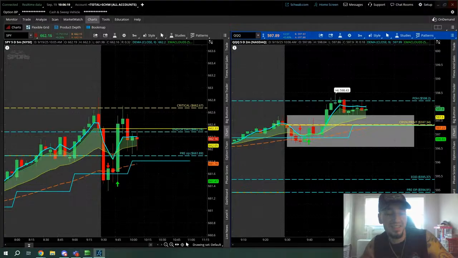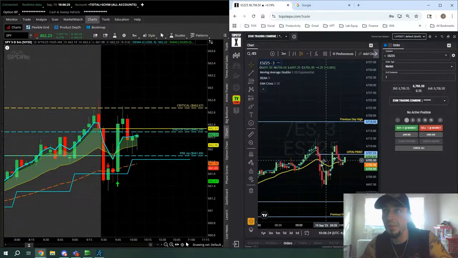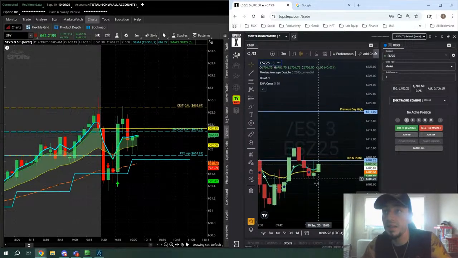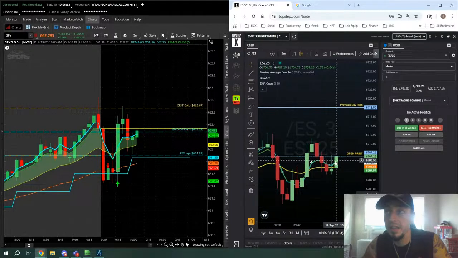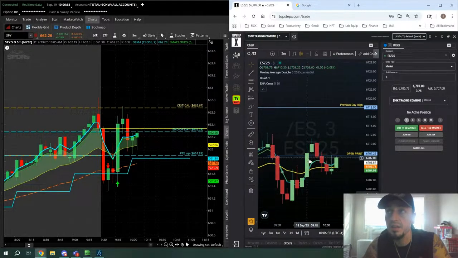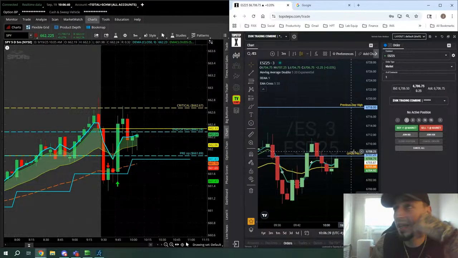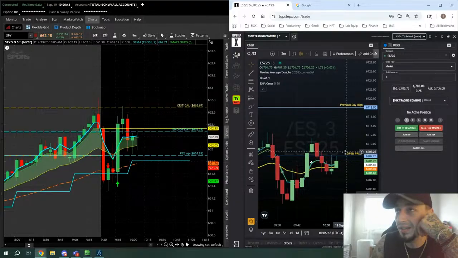All right, let's see. If there's no follow through, then that would be a good long. All right, what do we got in here? Coming up into open print. This might blow through it here. Ripping into OP. Still not next to any moving averages, so I really need some sort of moving average play.